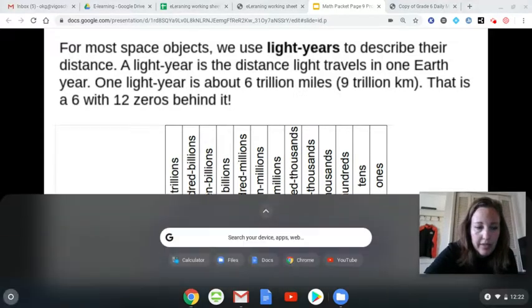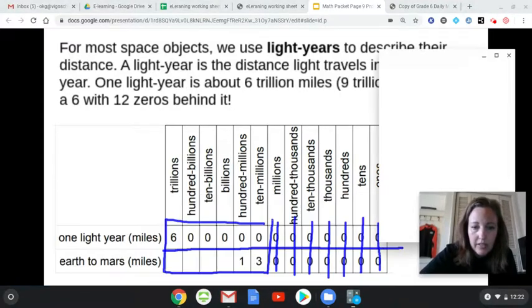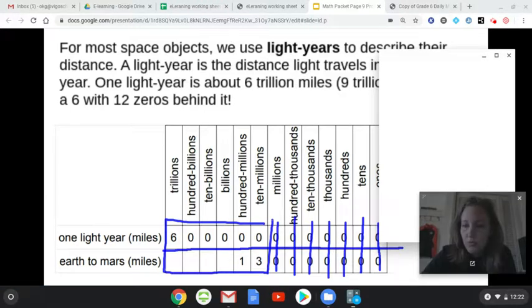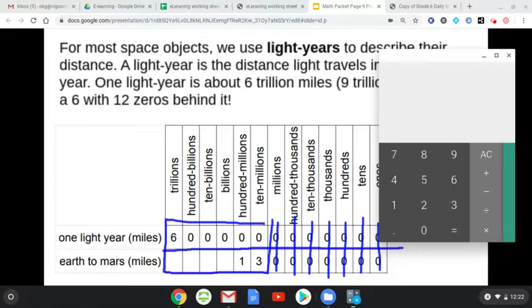Let's see if I can find my calculator here. Here's my calculator. I'm going to shrink my head and I'm going to do 6 with 12 zeros. I'm going to divide by 130 million.